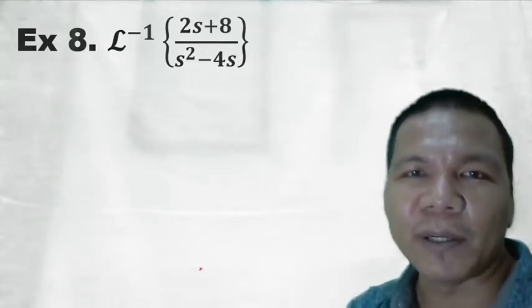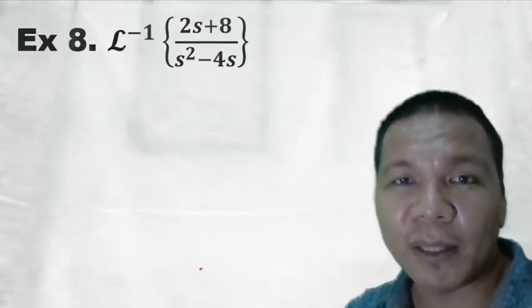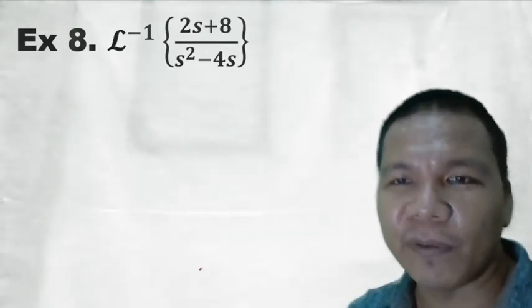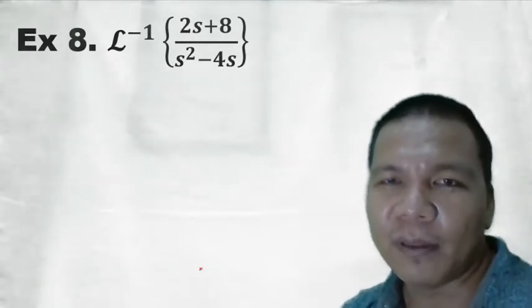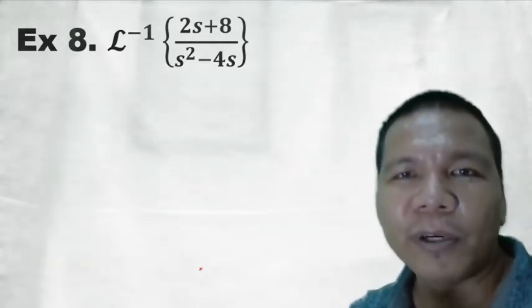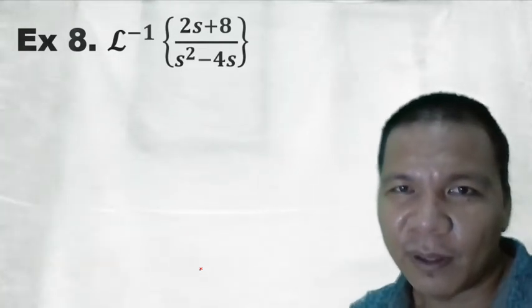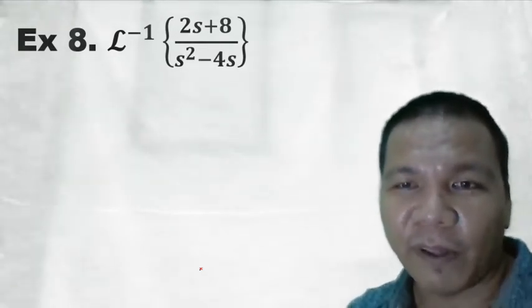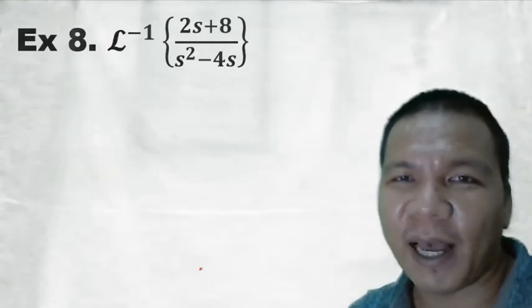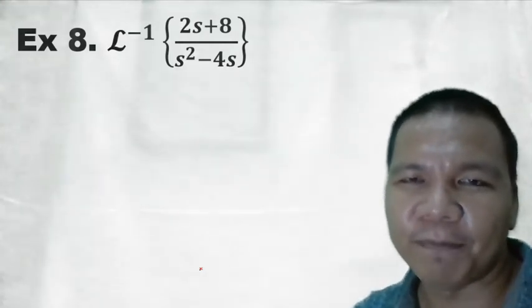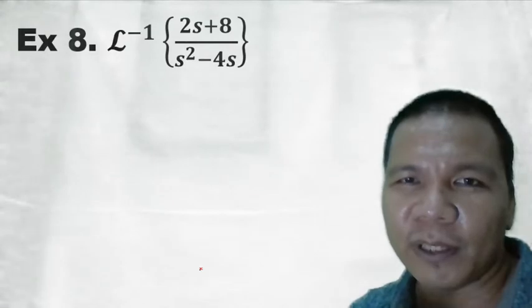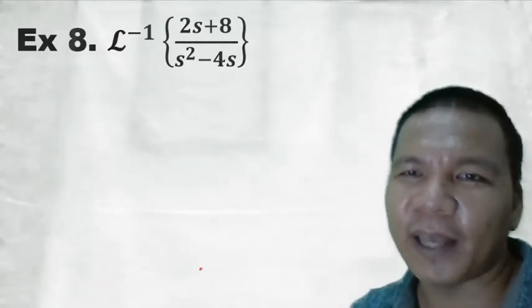Assuming I have here 2s plus 8, that is divided by s squared minus 4s. Now, take note, your denominator is lacking a number. To make it a perfect square trinomial, what should be added to your denominator? What is added? Okay.